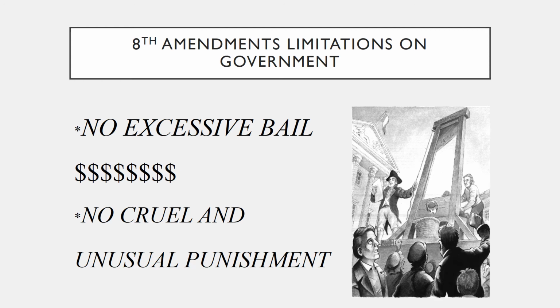And so if a person steals a candy bar from a grocery store, a dumb example, but if they did that and got prosecuted for it and there was going to be a trial for it, then the judge would probably not set the bail at $1 million. That would be excessive for that crime. The bail must fit the crime, so to speak. Now, if a person is wanted or suspected of a triple homicide, then maybe $1 million is not excessive, and that's for the judge to determine. And so that's what that means.